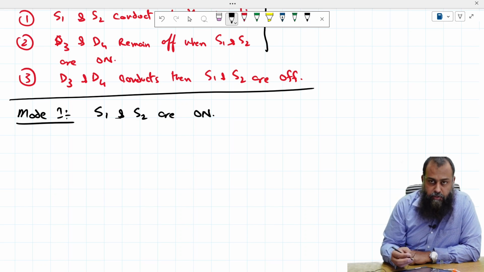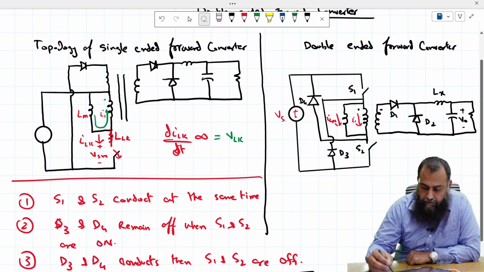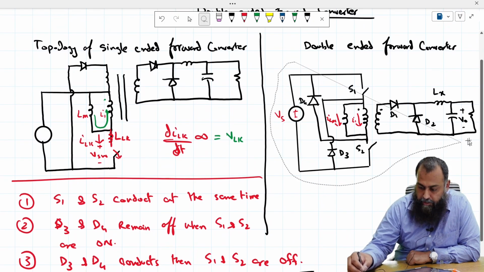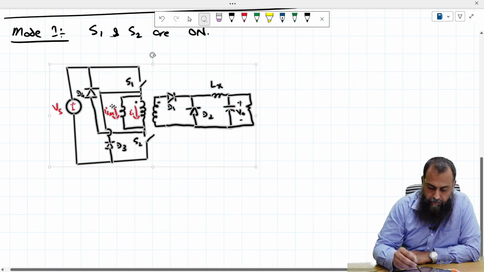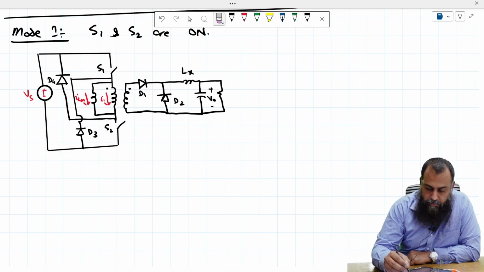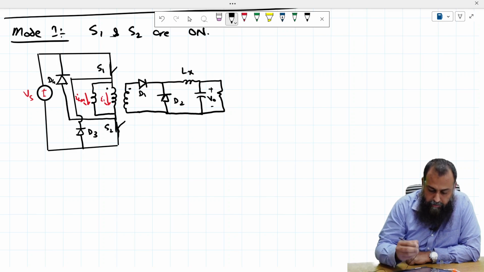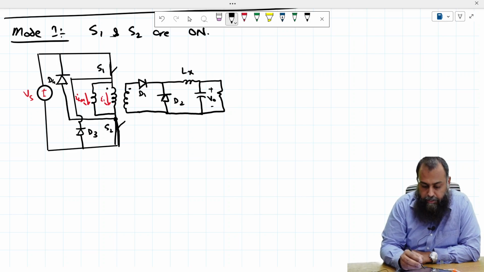When S1 and S2 are turned on, let me copy the given circuit so that will save our time. This becomes a short circuit path. When this path is short circuited, the anode of D4 gets connected with the negative side, and therefore D4 turns off.